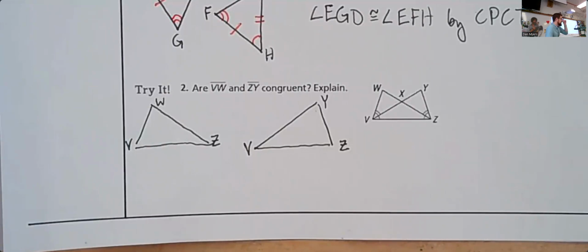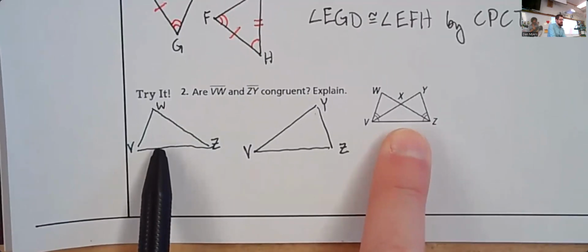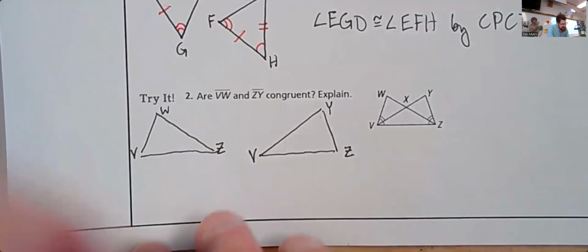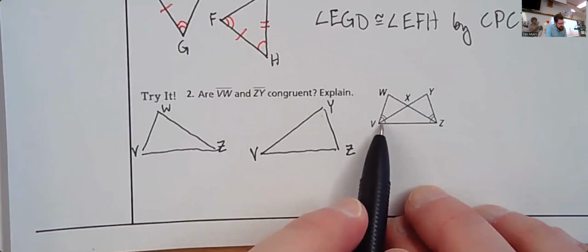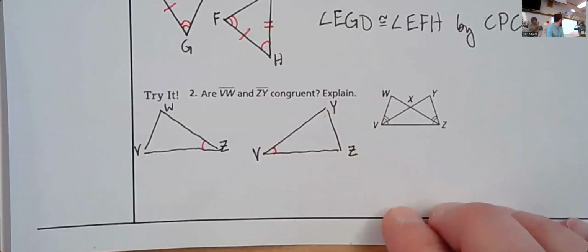And I'll show that in just a second too. You see it already, awesome. Let's keep working with this, but then I'll go back to here and show why we don't need to use the overlap. But can we say that this angle here, that part of angle V and that part of angle Z are congruent? We know that because it shows it to us.